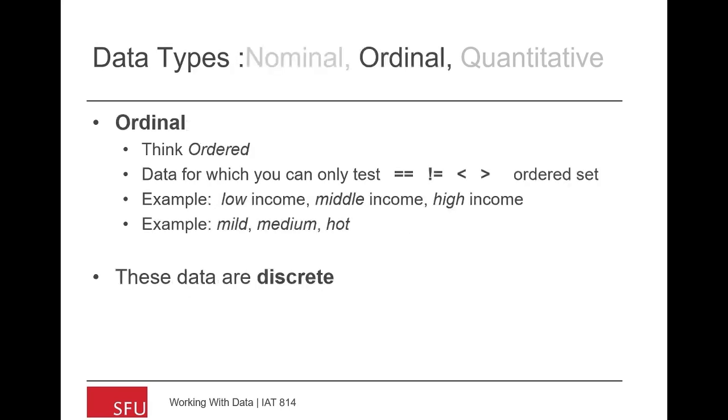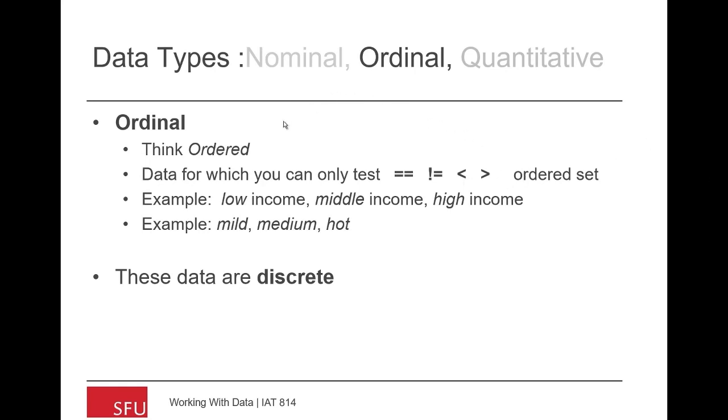Okay, next. The next data type is ordinal, and the way to think about that is to think ordered. This is data in which there is a well-defined order on the information in the data. You can test equality and inequality, just like with nominal data, but you can also test whether something is less than another thing of that data kind, or greater than another thing.